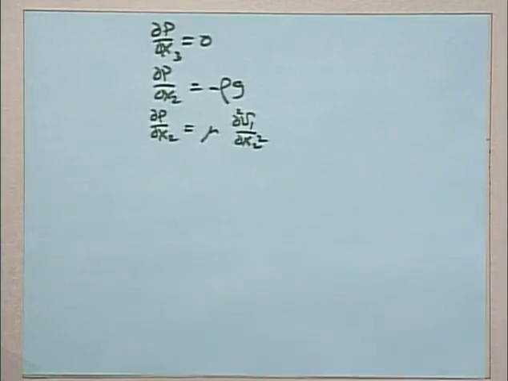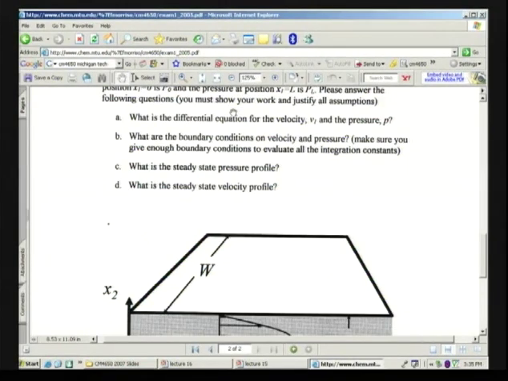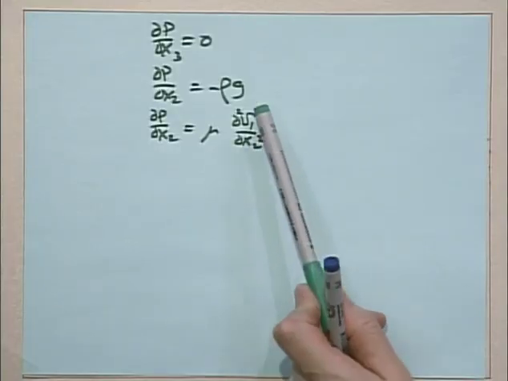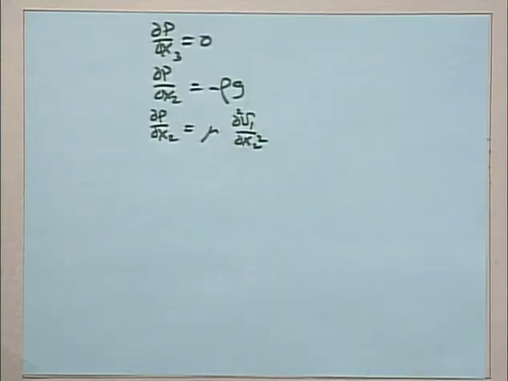So the problem asked, what is the differential equation for velocity and the pressure? So we've got it. Okay? These are the differential equations for velocity and pressure. That's part A. What are the boundary conditions on velocity and pressure?